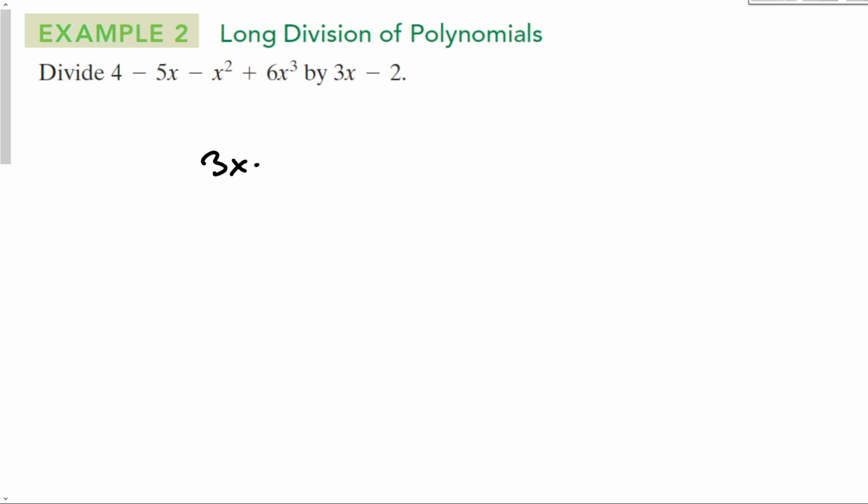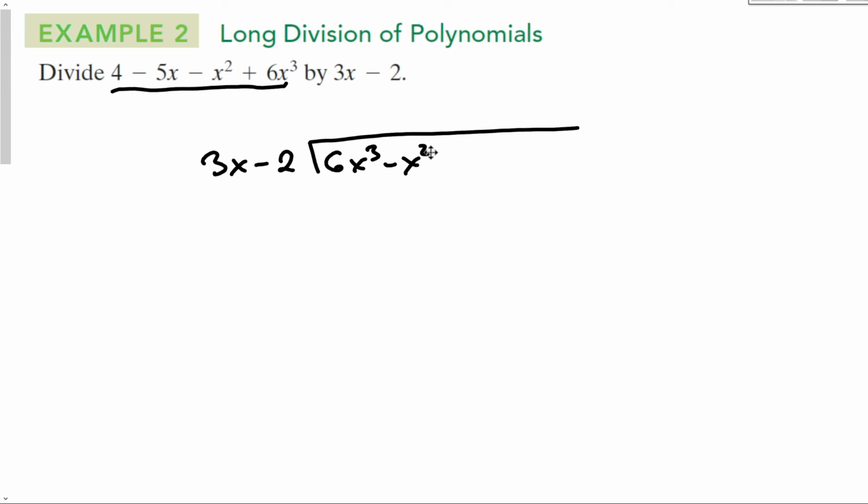So we have 3x minus 2, and we're going to divide into, we don't write my equation like that. It's not in standard form. So we change it to 6x to the third minus x squared, make sure my signs are correct, minus 5x plus 4. Now I can start my long division.